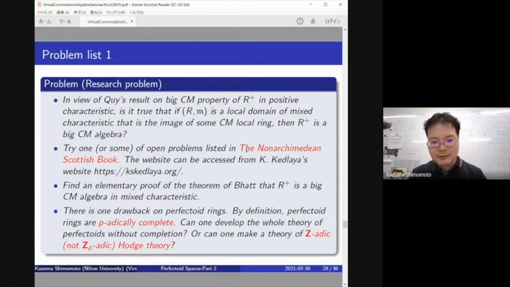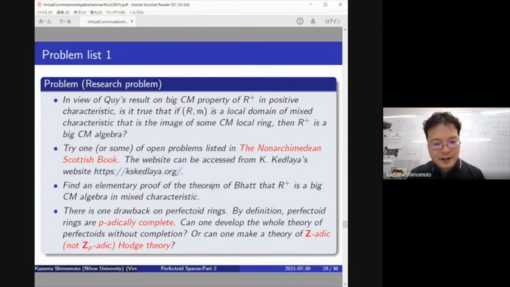He welcomes any answer or partial answer. So this is quite interesting. I was unable to paste the URL, but just go to his website, and then you can get access to this Scottish book.